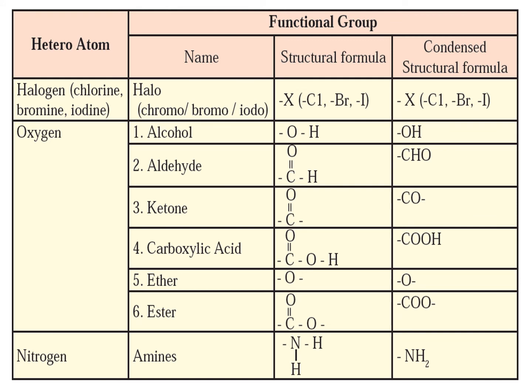The second bond is with the oxygen, and the remaining valency of the carbon atom is bonded with oxygen, and the condensed form is written as COOH. Ether is O, only two bonds. So when there is only O present, that means it is ether. Next one is ester. Ester is C double bond O, and the condensed form is COO.